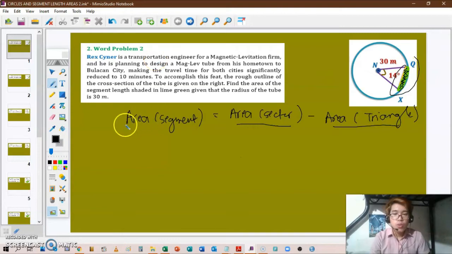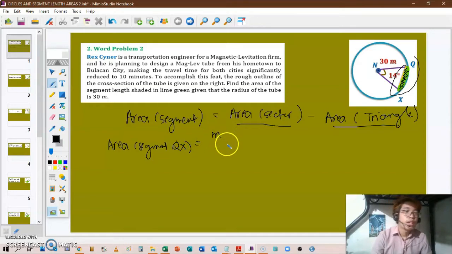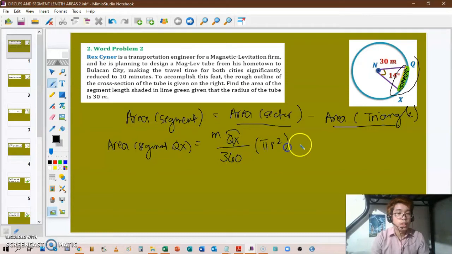So the area of this segment QX is going to be equal to the area of the sector. To find the area of a sector, we take the measure of the arc QX over 360, multiplied by pi r squared, the area of a circle, minus the area of a triangle.